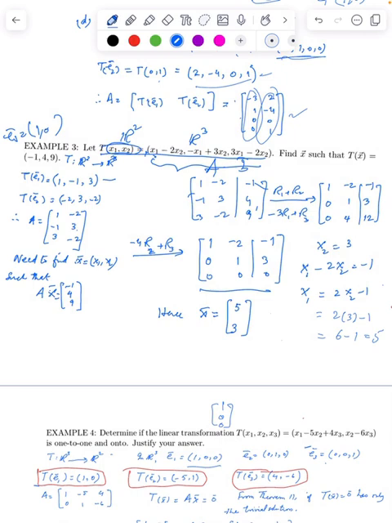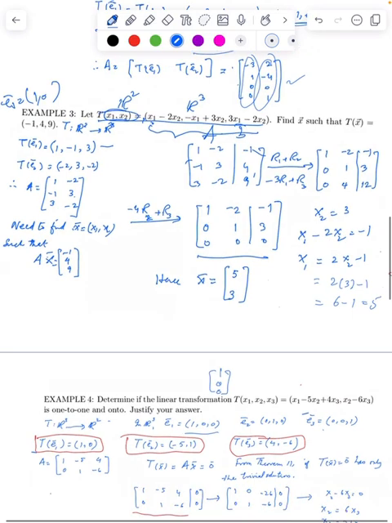In order for it to be 1 to 1, if you recall, there are many paths along which we can go and figure out the solution. But since we are dealing with transformations, the matrix A, the standard matrix of the transformation, is important. So first thing we do is try to find A.